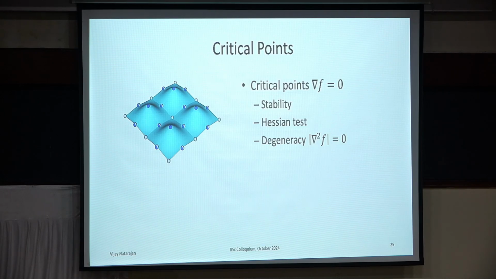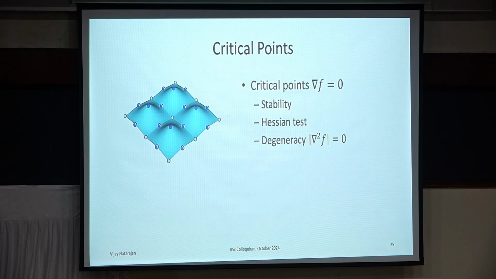So we are dealing with a scalar function. A critical point is one where the gradient goes to 0. We talk about the stability of such a critical point. Intuitively, if you think of this 2D scalar function, let me talk about stability in the context of the local minimum at the center of the domain, marked by this gray point.